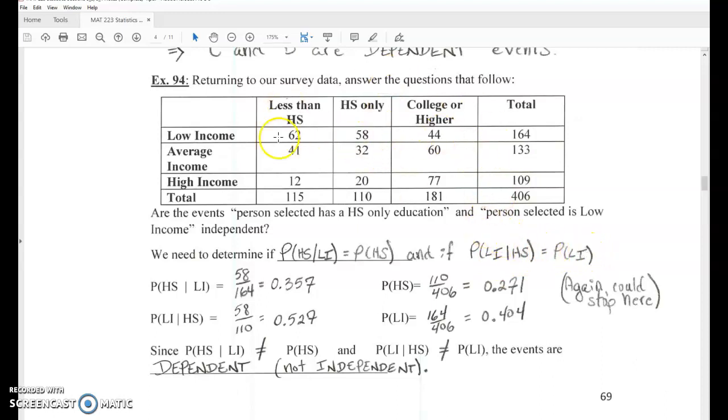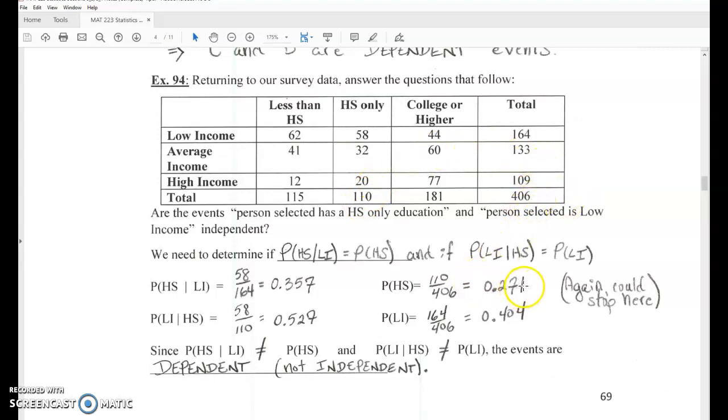So if I look at my sample, the probability of having a high school education, given that they're a low income person, means we focus in on the low income group only. High school educated in there is 58. So 58 out of 164, that's a 0.357 probability. However, the probability of being a high school educated person is this group, which is 110 out of the total 406.